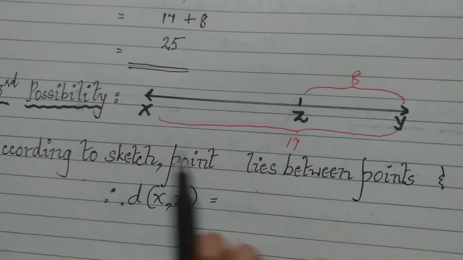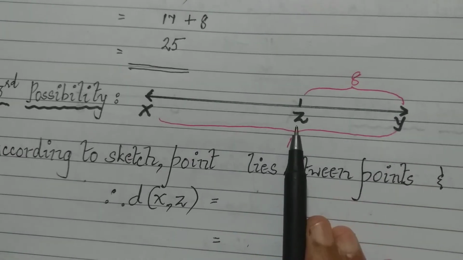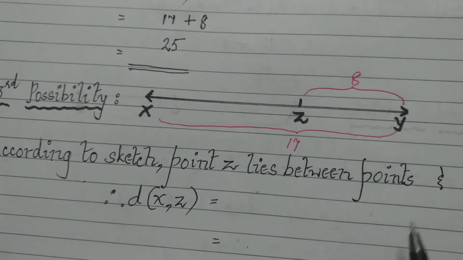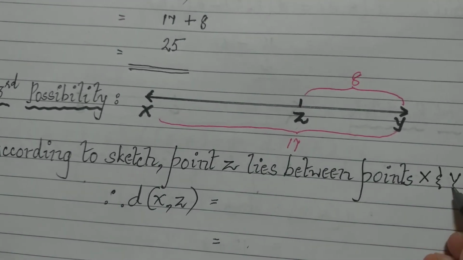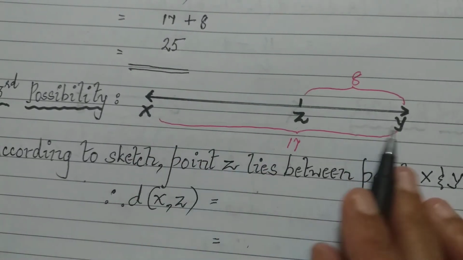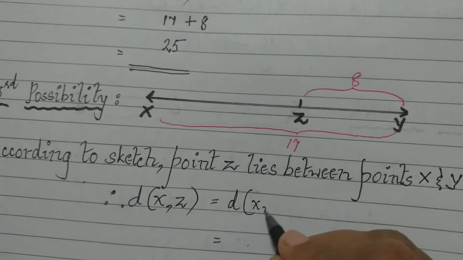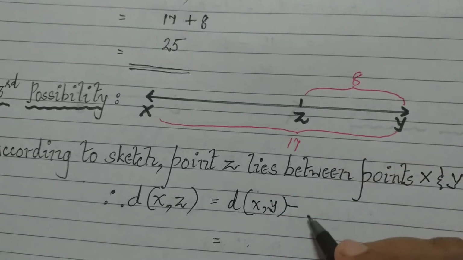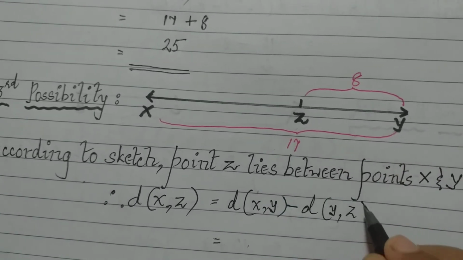So first let us complete this. According to this sketch, what happens? Point z lies between which two points? X and y. So I write here x and y. Distance between x and z is got by the distance between x and y minus the distance between y and z.